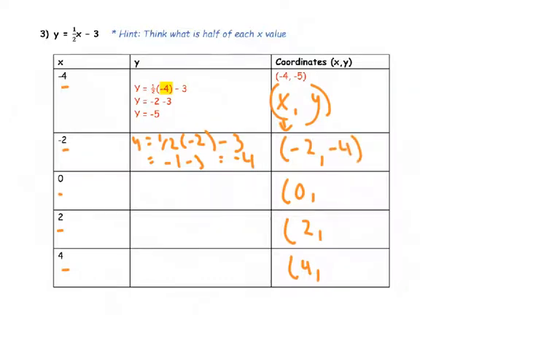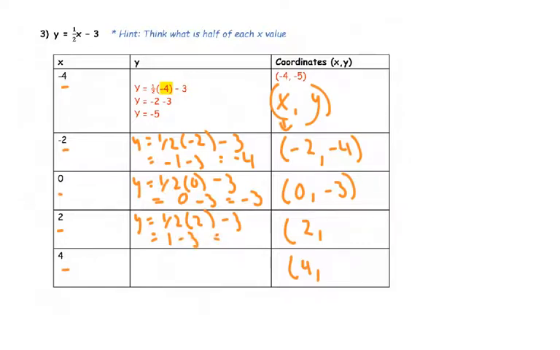Oh, this is nice and easy, because anything times 0 is 0. And 0 minus 3 is -3. What is 1/2 of 2? 1. 1 minus 3 is -2.